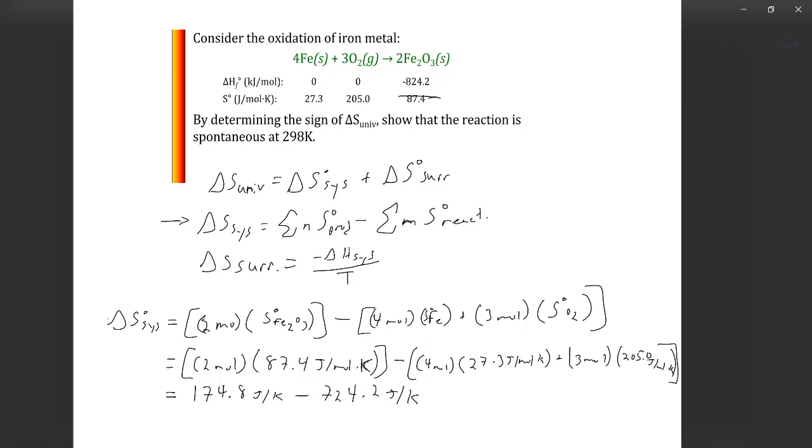So you end up with a final answer here of delta S naught of the system equal to minus 594.4 joules per Kelvin. Okay, so that's part of our answer.